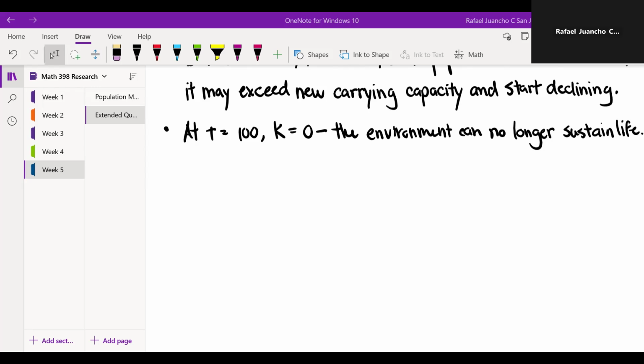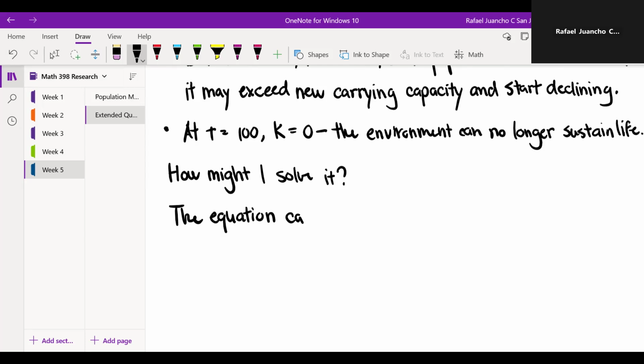So yeah, how might I solve it? Well, here we can see that the equation, I think, it would be hard to solve it analytically.